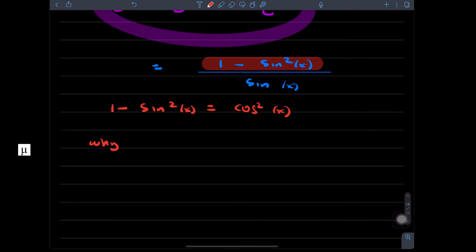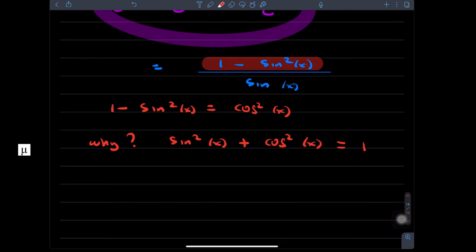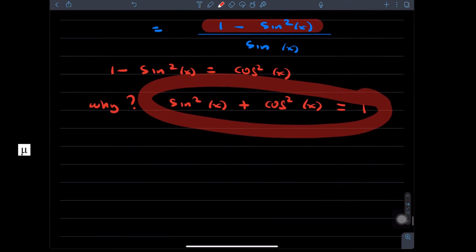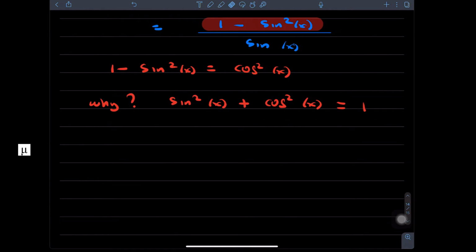I want you guys to always be familiar with this idea that just because you have this Pythagorean identity here, we can solve for any term. We can solve for sine squared. We can solve for cosine squared.